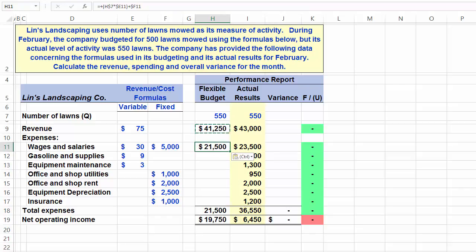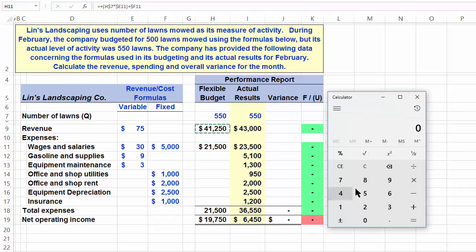Okay, so just like we saw previously, we can calculate our costs for wages and salaries by simply copying our formulas down. I could actually show this to you on a calculator if you wish. Wages and salaries are $30 per lawn times 550 lawns. So we would expect to pay $16,500 plus a fixed component of $5,000.